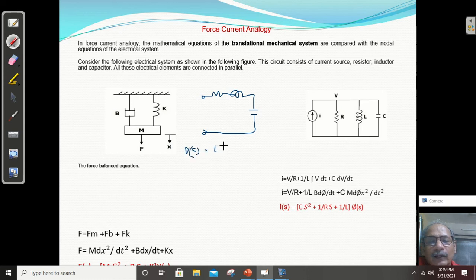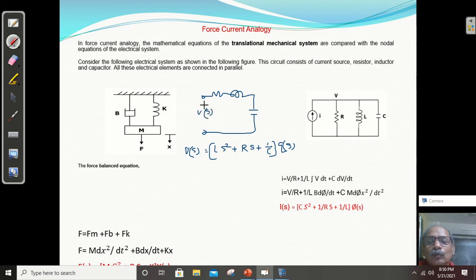L S squared plus R S plus 1/C into Q of S. Right, that was the equation, force voltage analogy. This was the V.